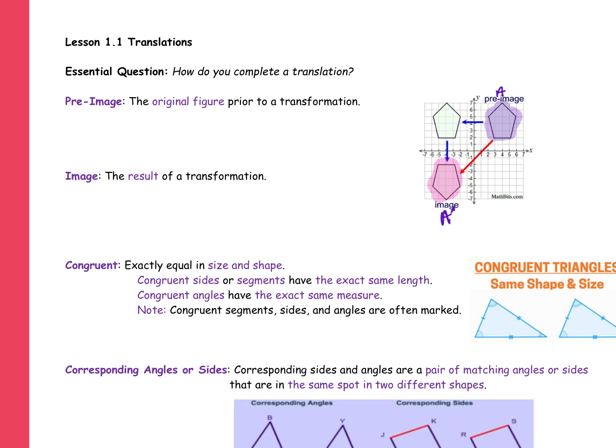So if my original points are called A, it would be A, B, C, D, and E. My points on the image would be A prime, B prime, C prime, D prime, and E prime. Does that make sense? Because they can't be called the same thing because they're not in the same location, right? So they have to be called something else. So all they do is they put a little apostrophe next to the letter, so it's something different. Does that make sense? Is everyone okay with that?